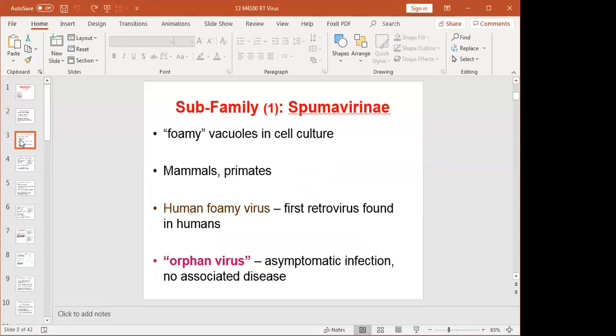Slide number 3. The first subfamily is called Spumavirinae, the viruses that create foamy vacuoles in cell culture.